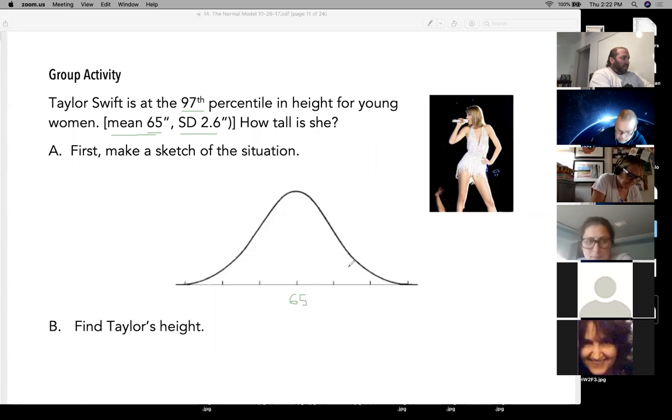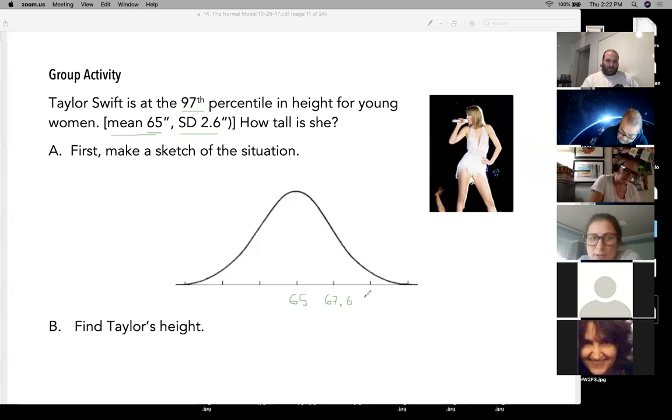What number then goes one deviation to the right? 67.6, because they told me how far to move to the right to go one deviation. You add 2.6 to 65, because that is the standard deviation. And what's going to be over here?